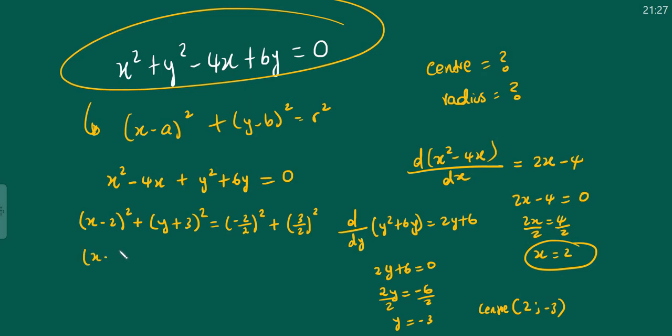Then you'll have (x minus 2) all squared plus (y plus 3) all squared being equal to, I think this is 1 plus 3 over 2 is what? Is it 3 over 2? Yeah, 3 over 2 plus that, it's what? 9 over 4. I think this is not correct. 9 over 4.